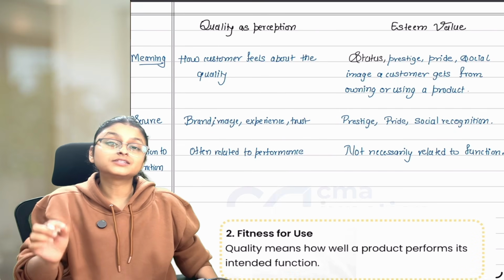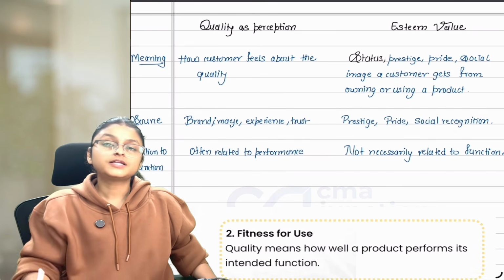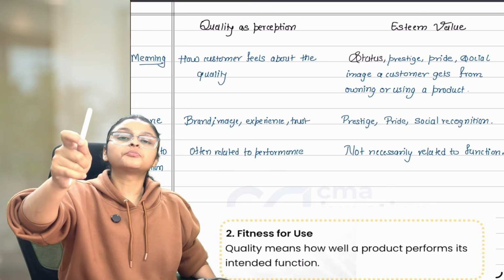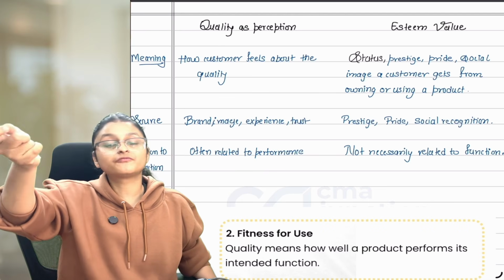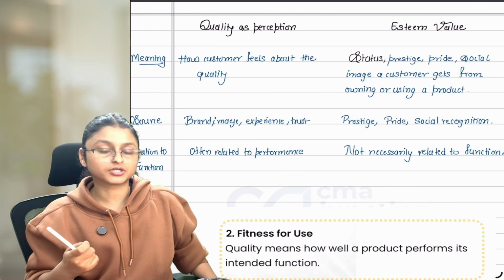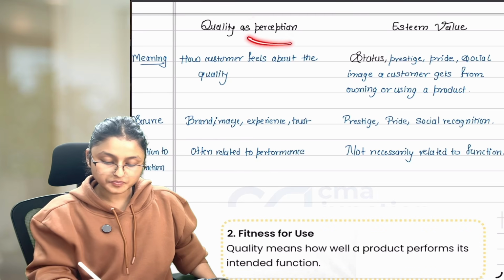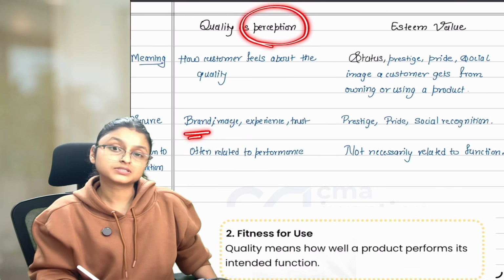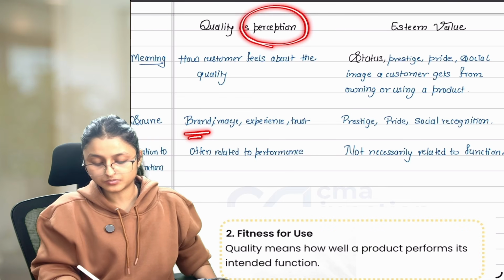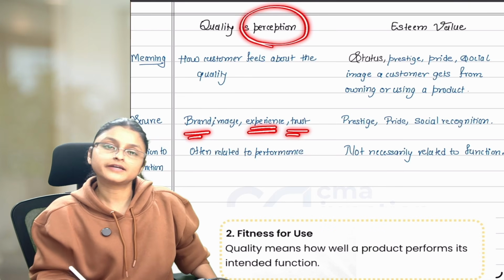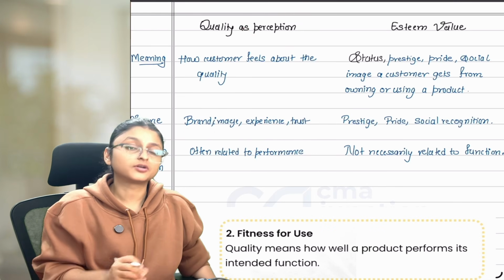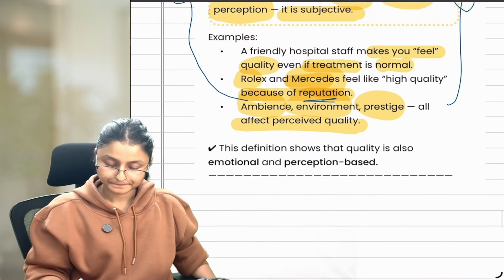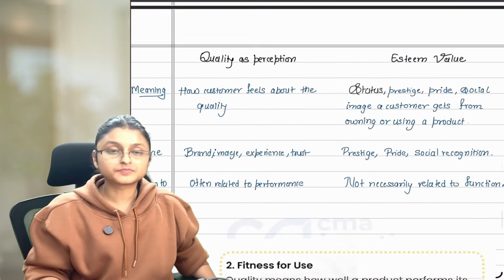When you are saying that this product is a quality product, then you are assuming that it is performing its function really well as compared to other products. Now this perception can come from brand image, as we talked about Bisleri and a local branded water bottle, and from experience and trust, how much you trust a particular brand. So this was quality as perception.